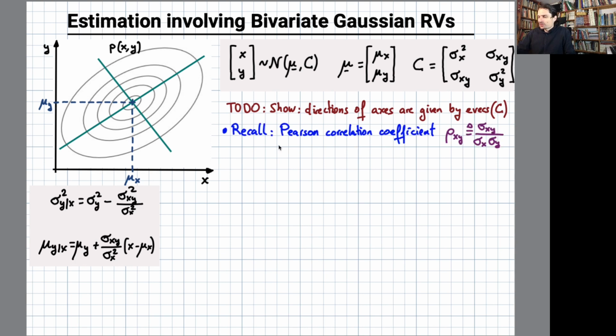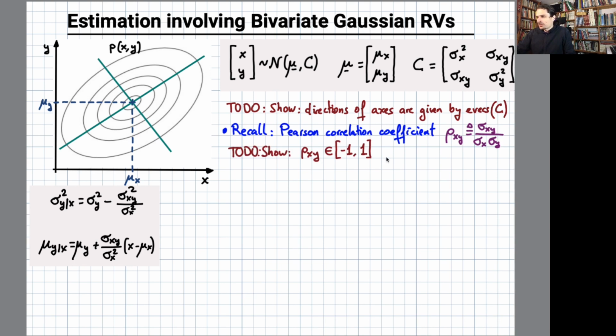And for convenience, let us recall what the Pearson correlation coefficient is. This correlation coefficient is defined as the covariance divided by the product of the standard deviations.